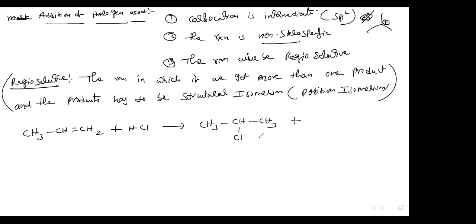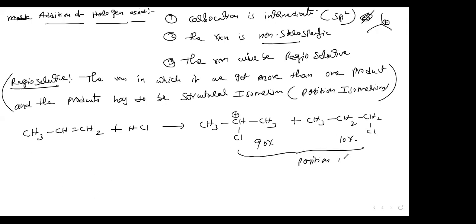This will be almost 90% possibility, because this is formed by the 2 degree carbocation, and in minor proportions, we can expect this product also. So this will be 10%. So we got two products in the reaction, and these two products are positional isomers. That's why we can say the reactions are regioselective.